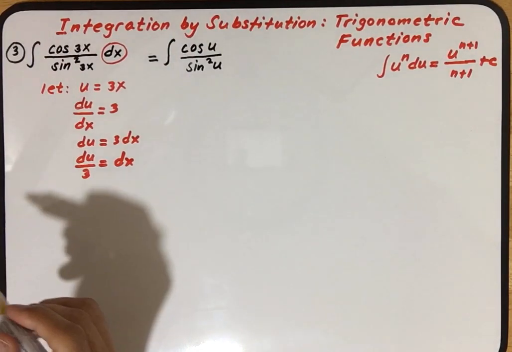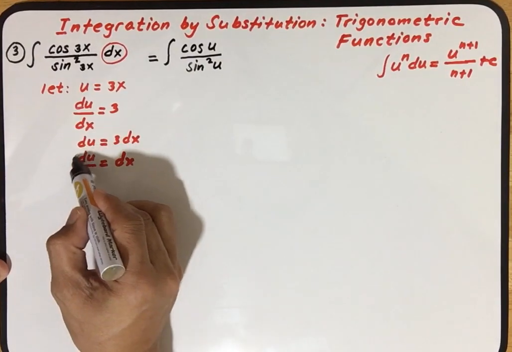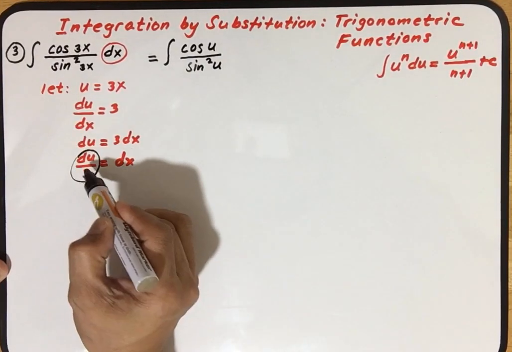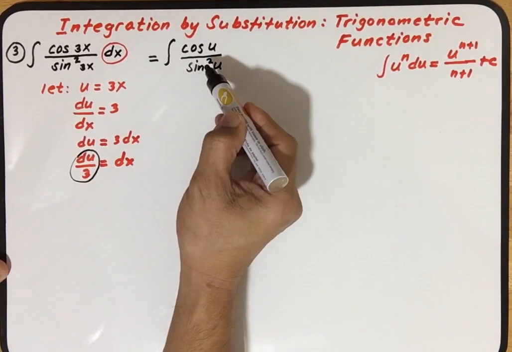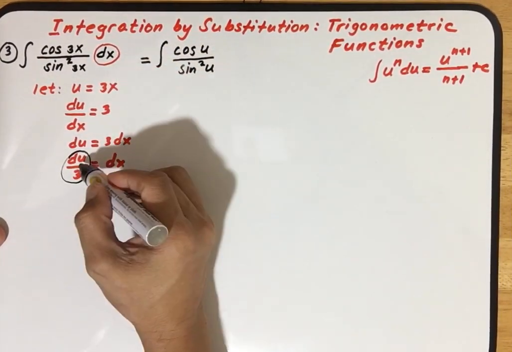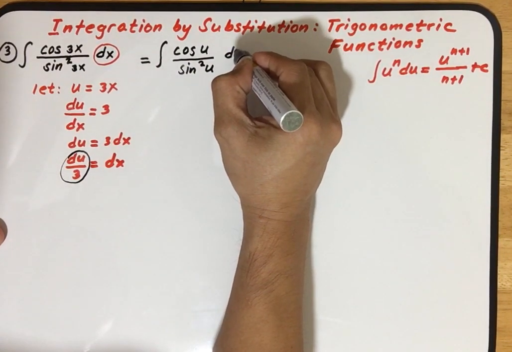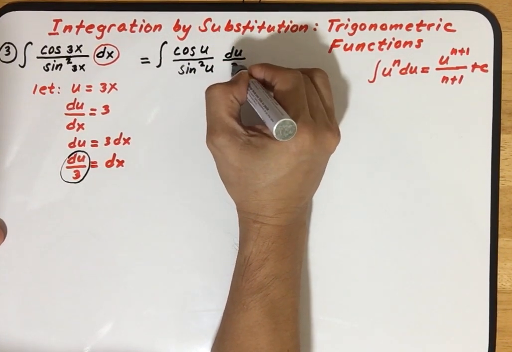So our dx in terms of du is equal to du over 3. So we can substitute this here: instead of writing dx, we rewrite this as du divided by 3.